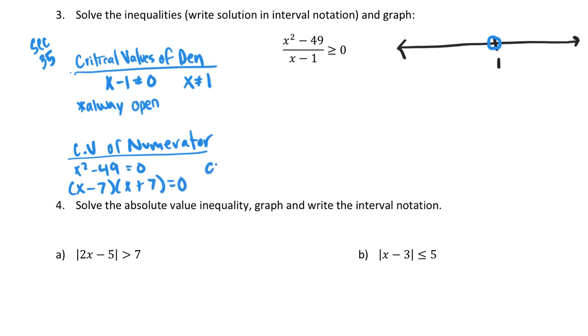So our critical value of our numerator occurs at x equals 7 or -7. And those are going to be closed circles because of the greater than or equal to. It's the equal to that tells us we're closed. So we have here -7 and 7.